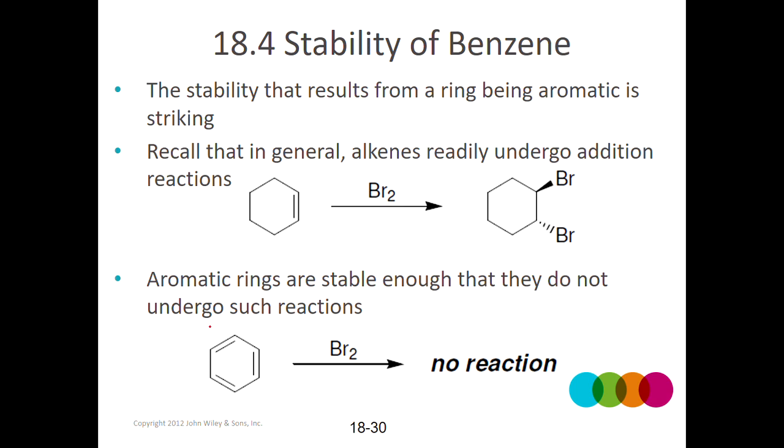Benzene is, from one point of view, you could think of it as 3 alkenes in a ring. Why would those 3 alkenes be any different from 1 alkene? Well, the resonance makes them way more stable, and the molecular orbitals they're in, due to that resonance, make them way more stable, right? So if we think about a standard alkene, where the p orbitals overlap above and below the plane, as we said, the pi electrons are not that stable because they're not very close to the space between the nuclei.